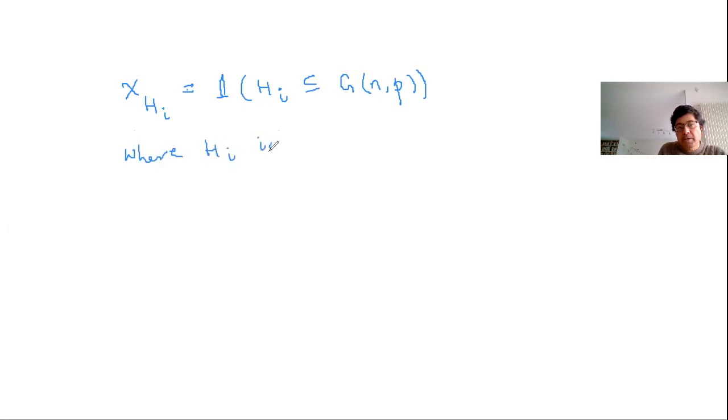Okay, so this is just a definition or notation for the indicator that the ith copy of H appears in G(n,p), where H_i is the ith copy of H in K_n. So we look at all the possible copies of H that exist in K_n, number them in some arbitrary order, and chi_{H_i} is the indicator that the ith copy appears. Last time we computed the mean of N_H, which is the sum over i of chi_{H_i} over all possible values of i.